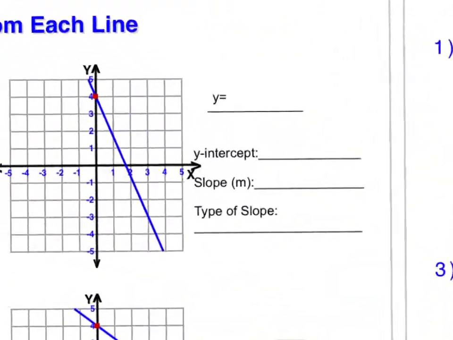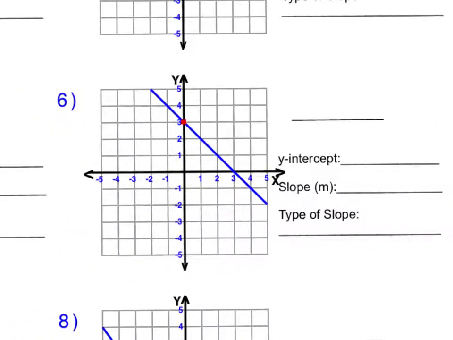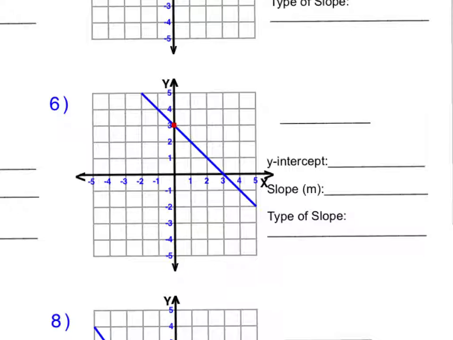So here we go. Next one. I'll go ahead and do number 6 for you. I don't think we did this one in class. So again, let's find an equation. What do we have? I know that my equation is going to look like y equals my x plus b.